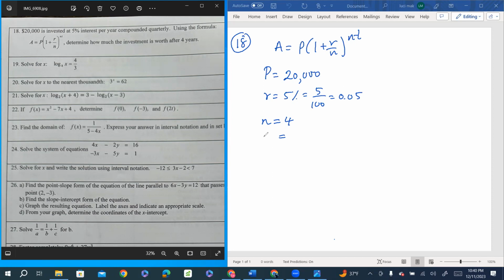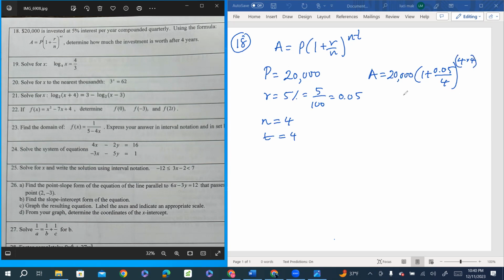So T equals 4. By substituting, you'll get A equals P, which is 20,000, times (1 plus R, which is 0.05, over N, which is 4) to the power of 4 times 4. Here, 4 times 4 as an exponent, you've got to put 16, or you put a parenthesis over here.